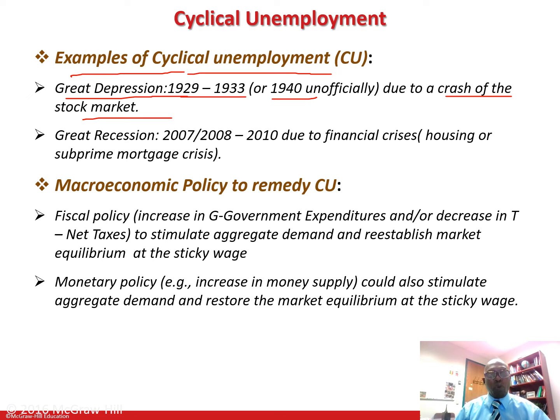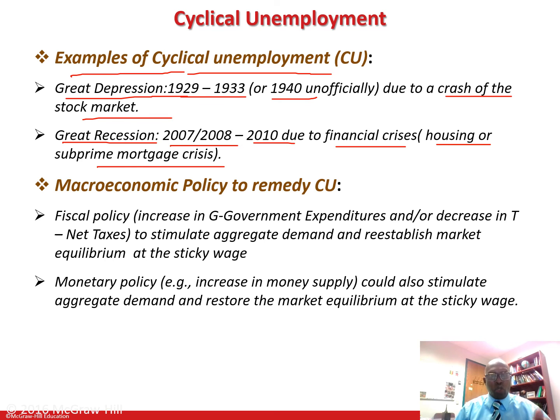Also, another example of cyclical unemployment is the Great Recession, which happened in 2007, 2008, all the way up to 2010, due to the financial crisis, the housing or subprime mortgage crisis. Banks made mortgage loans to customers who could not afford to pay those mortgage loans.